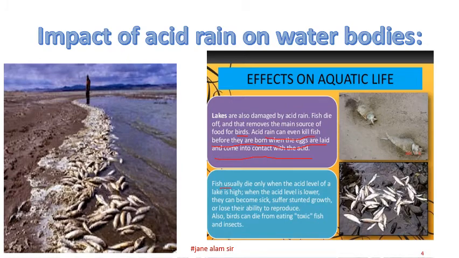Fish usually die only when the acid level of the lake is high. When the acid level is lower, they can become sick, suffer stunted growth, or lose their ability to reproduce. Also, birds can die from eating toxic fish and insects.